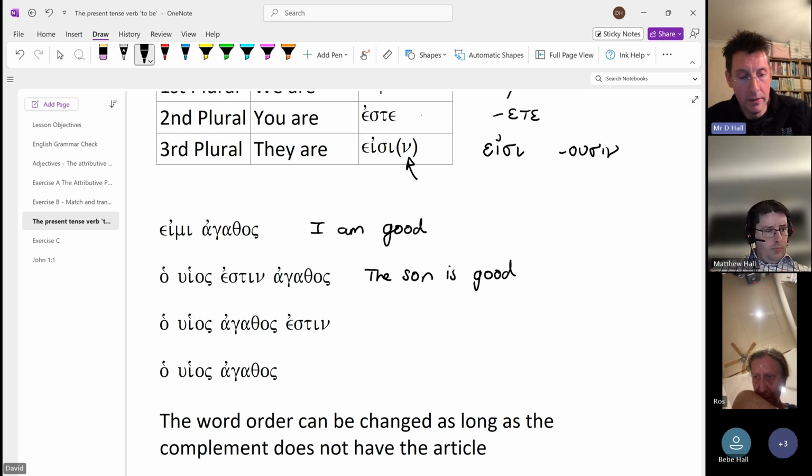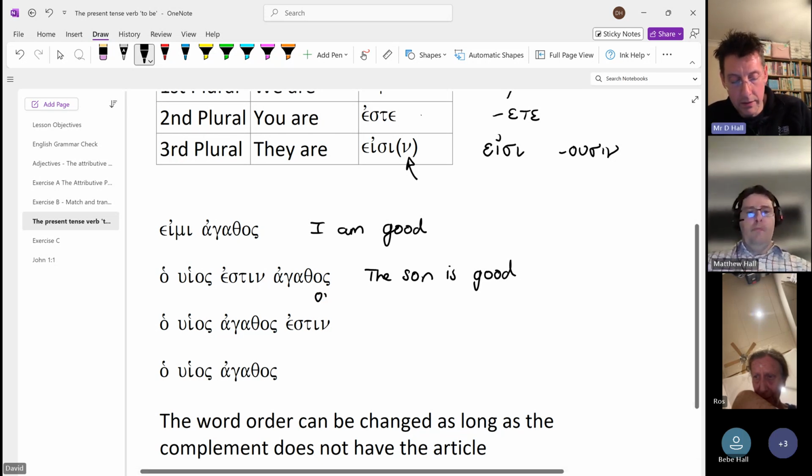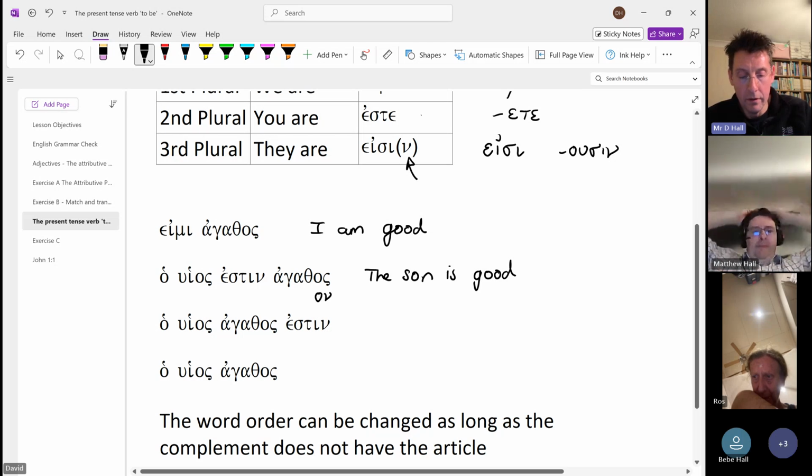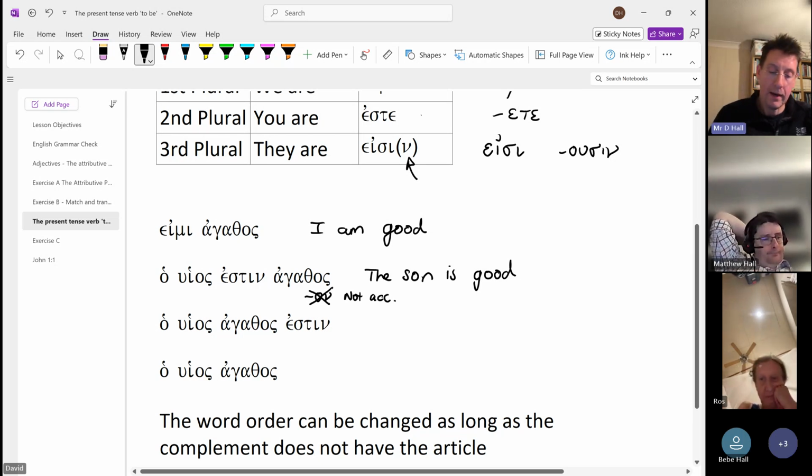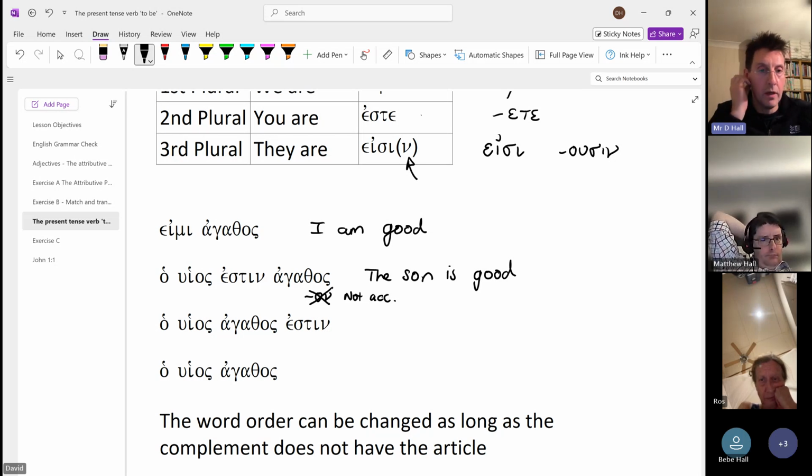Now, I want you to notice that it's not in the accusative. All right, it's not accusative. Up until now, if you have a word that follows the verb, then we talked about it being the accusative because it's the object. But good isn't an object in this sentence.